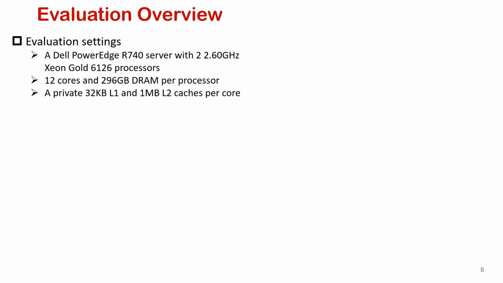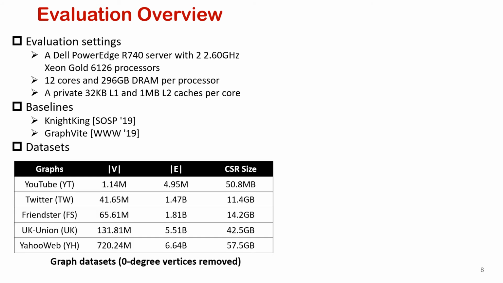We evaluated FlashMob on a QCRI server with this configuration and compared it to 2 baselines, including our own NetKing, a graph random walk engine, and GraphFit, a graph embedding framework with CPU-side random walk and GPU-side training. We tested on these 5 real-world graphs with very different sizes.